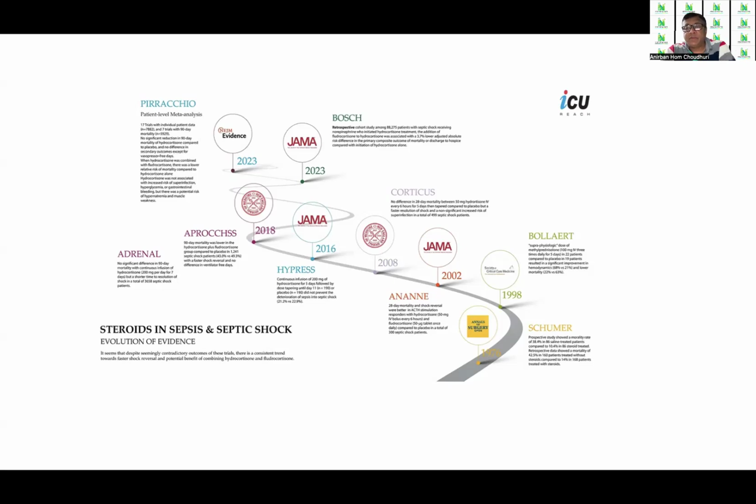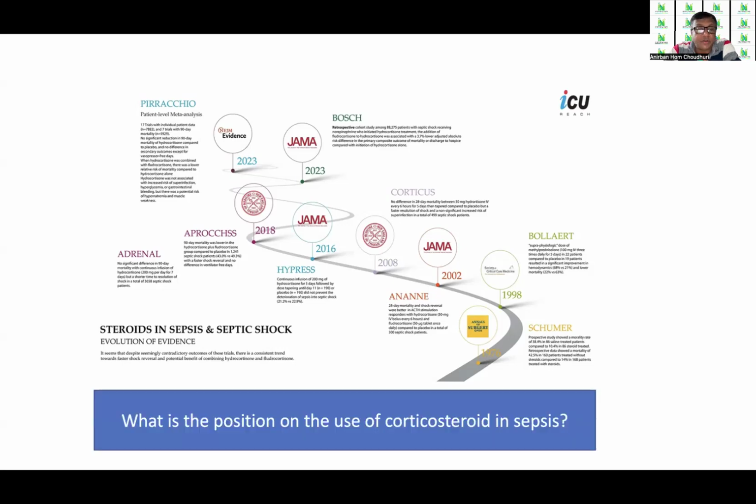So some studies were not equivocal, and some pointed to benefit but had their limitations. But one thing that was common, whether or not there was any difference in outcome, was that the resolution of shock, or shock reversal as we say, was definitely faster with the use of steroids.